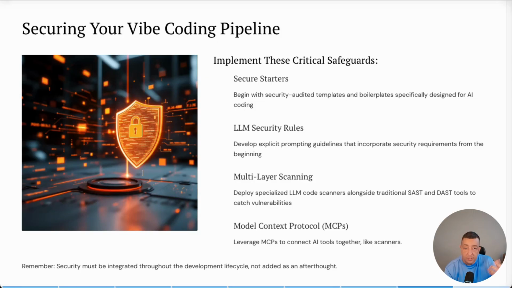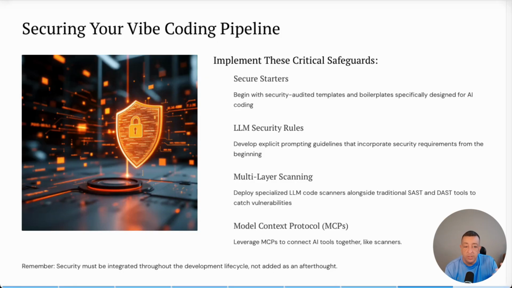So there are MCPs for all kinds of applications, like Microsoft products like Word and PowerPoint, all the way down to desktop applications, all the way down to security testing tools. And you can find MCPs out there, and you can even use your LLM to help you find MCPs.